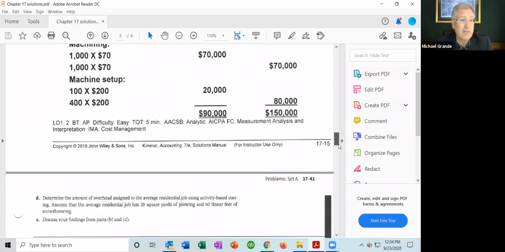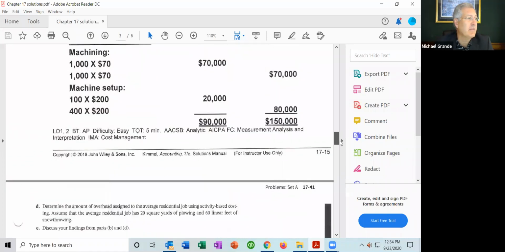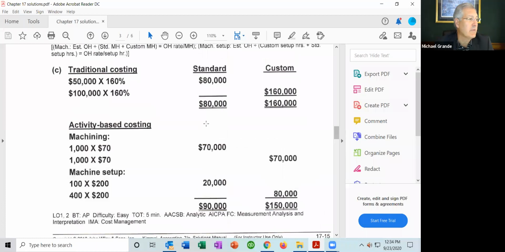So we still don't know the difference. So the difference is what? It's right here, isn't it? The standard had $80,000 allocated to it under traditional, but under activity-based costing, it went up by $10,000 to $90,000. The custom previously had $160,000 allocated to it, but it went down by 10 under ABC.